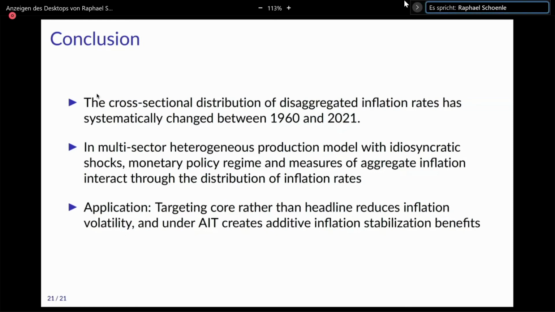In particular, we focus on core inflation. Targeting core, rather than headline, turns out to reduce inflation volatility, and there are additive inflation stabilization benefits under average inflation targeting and focusing on a core aggregate measure of inflation.